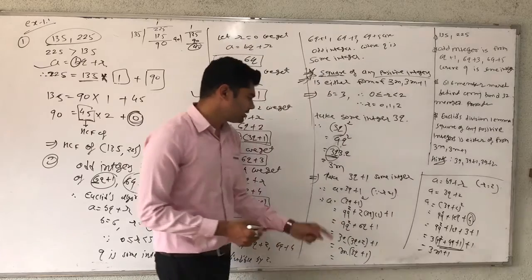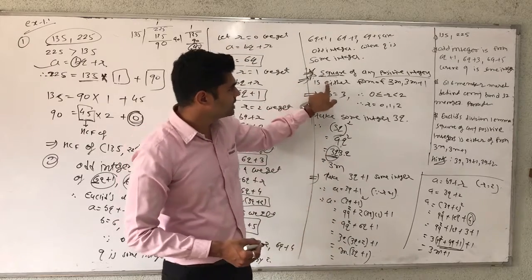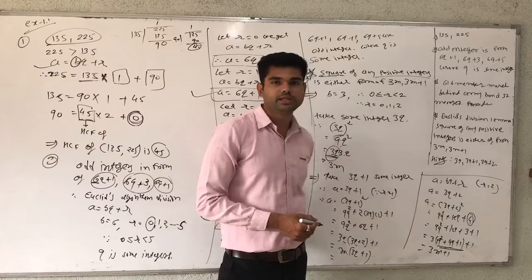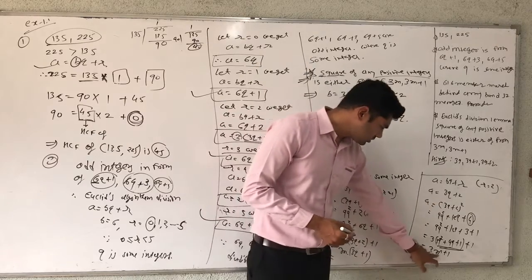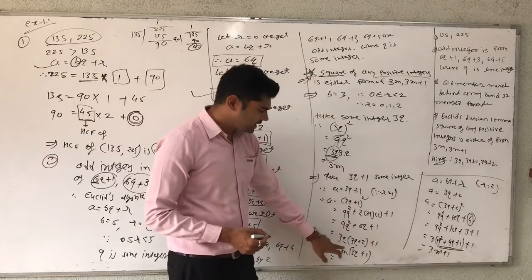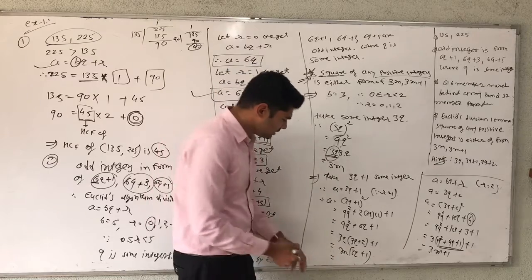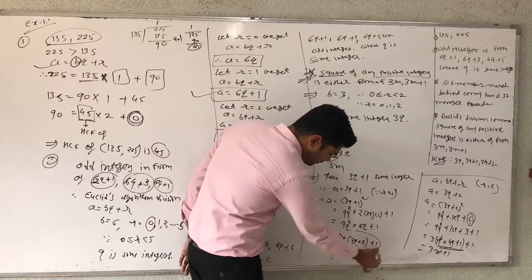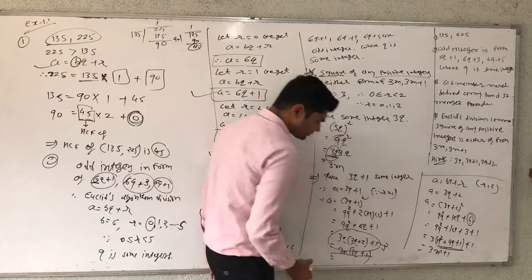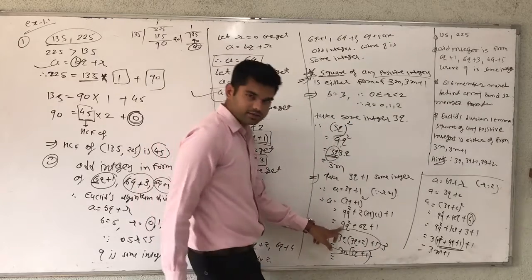So we have proved that the square of some integer is in the form of 3m plus 1, also 3m plus 1.